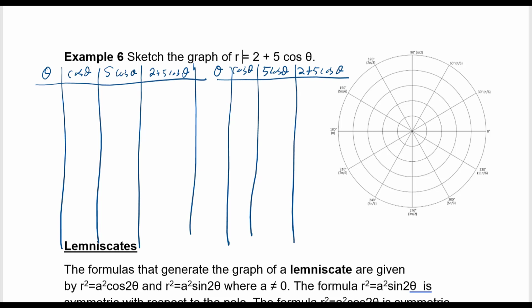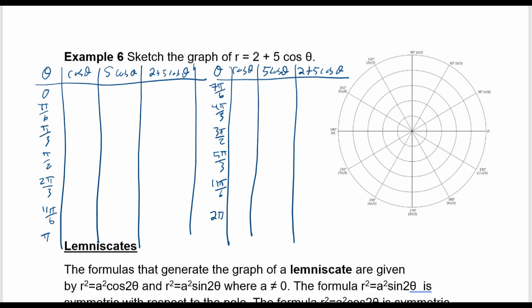Okay, so I'll go 0, then pi over 6, pi over 3, pi over 2, 2 pi over 3, 11 pi over 6, and pi. And then we'll do 7 pi over 6, 4 pi over 3, 3 pi over 2, 5 pi over 3, 11 pi over 6, and then 2 pi.